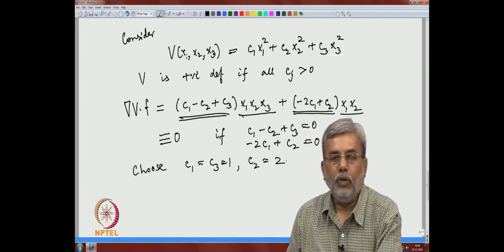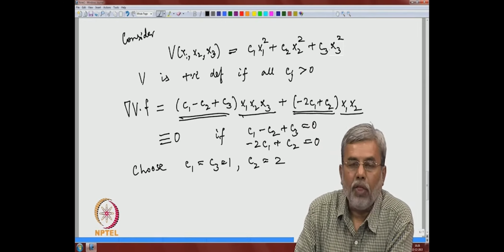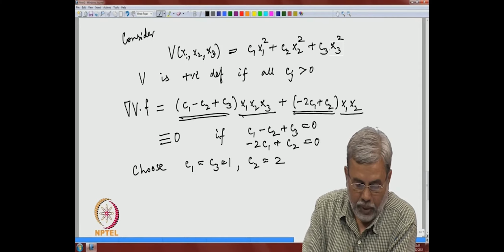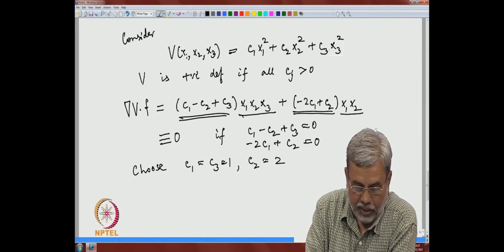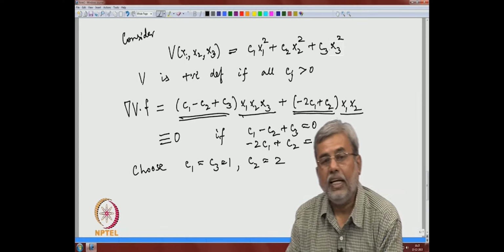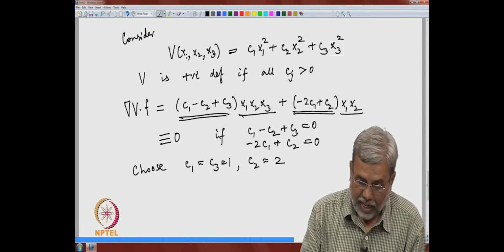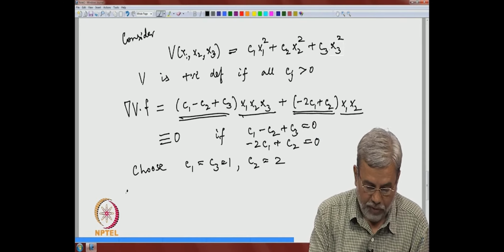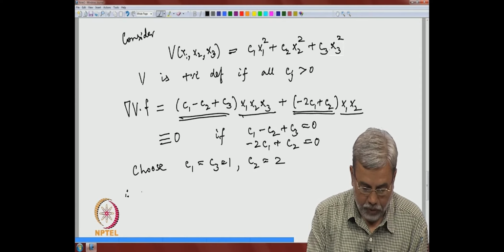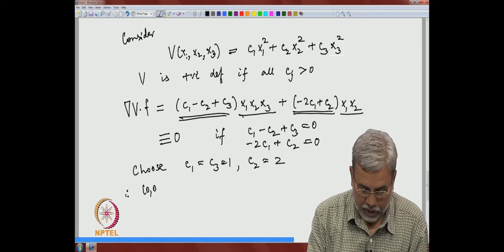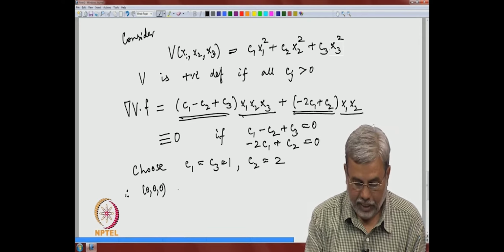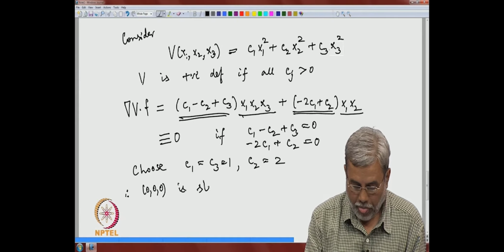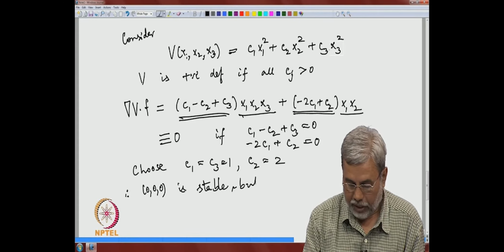C1 equal to C3 equal to 1 and C2 equal to 2. Okay. Then we have a positive definite function for which grad V dot f is identically 0. So, again like in the previous case, therefore the origin in 3D is stable, but not asymptotically stable.